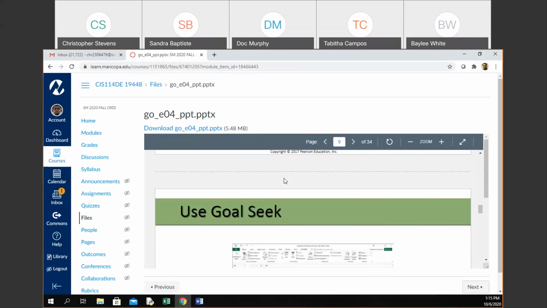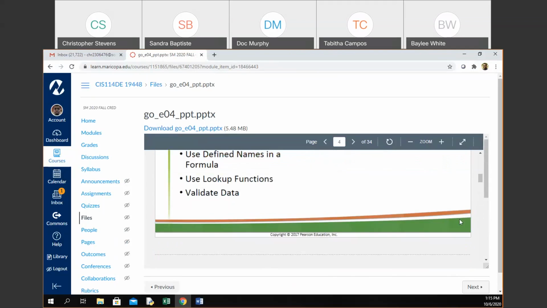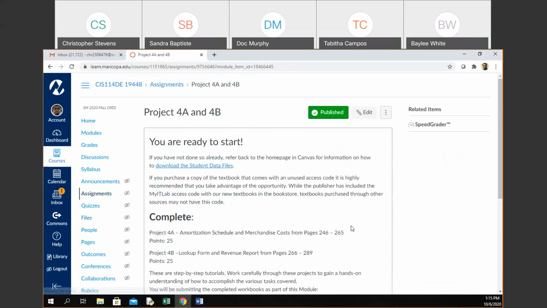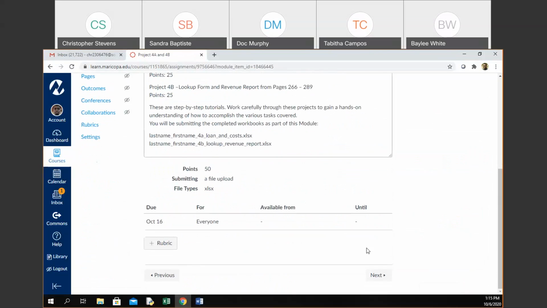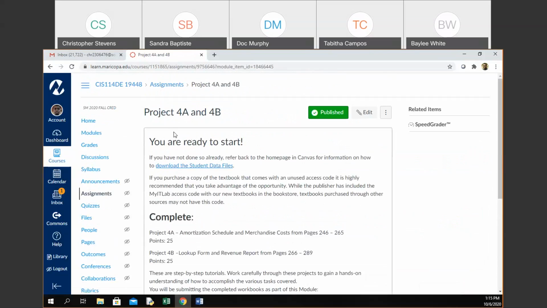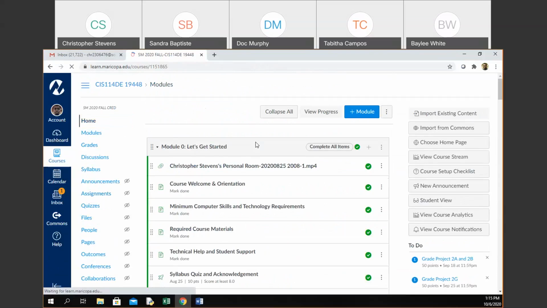So it's a great source to look back onto, especially if you get stuck during the lesson. So that's there. And then your assignment, which will be next week, will be 4A and 4B. So with that being said, I think we have enough to really get started with the scripture lecture for 4A.